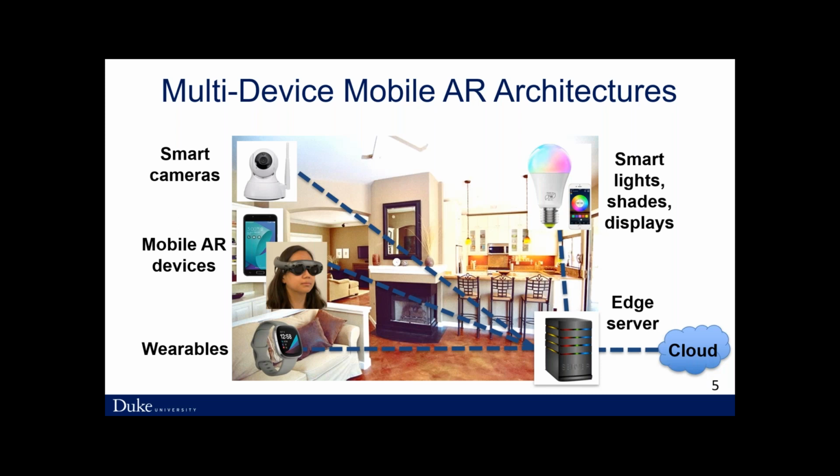And this is where we are imagining using additional infrastructures to augment what the augmented reality devices are capturing these days. We can use IoT to get additional data about the state of the environment and potentially even control the state of the environment to get to the best possible augmented reality experience. And we are planning to use wearables to get additional information about the state of the user as well.